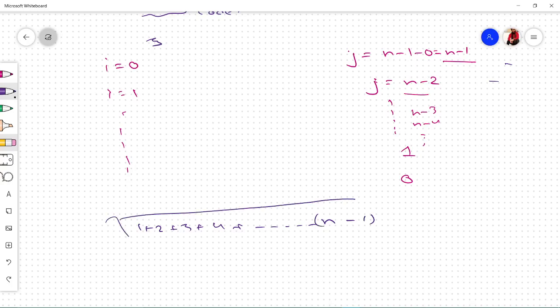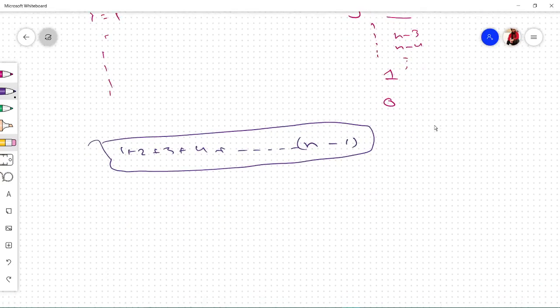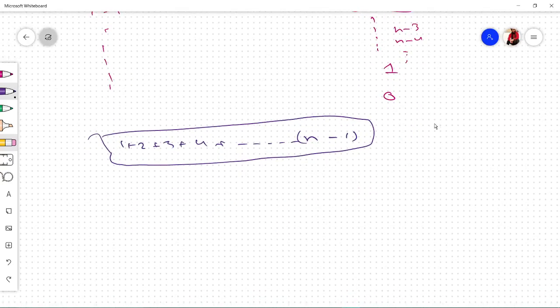So you can see this is the sum of positive numbers, the sum of the first n natural numbers, for which the formula is n times n minus 1 by 2. Opening this, we get n square by 2 minus n by 2.